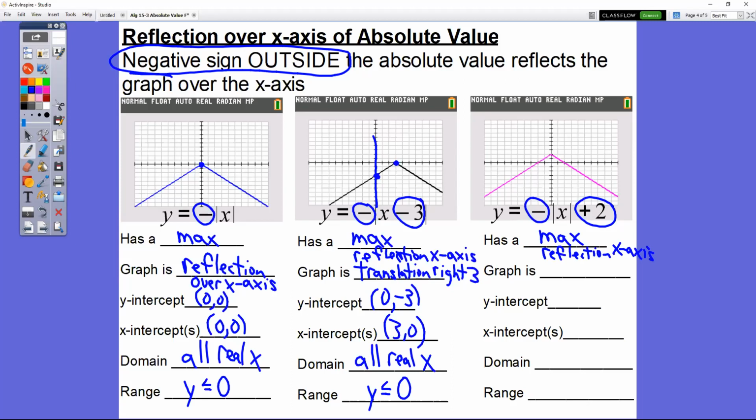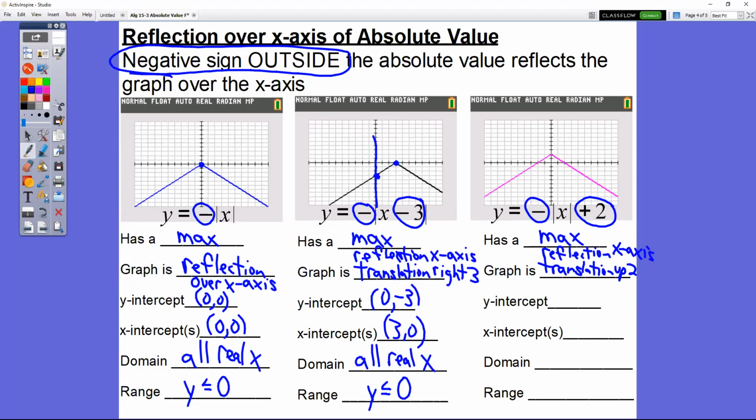It's also, because of the +2 to the entire thing, notice that it shifted or slid up. So it's also a translation of up 2.